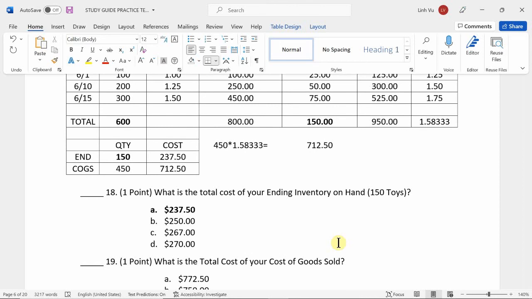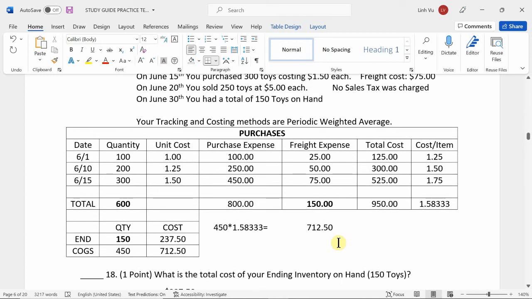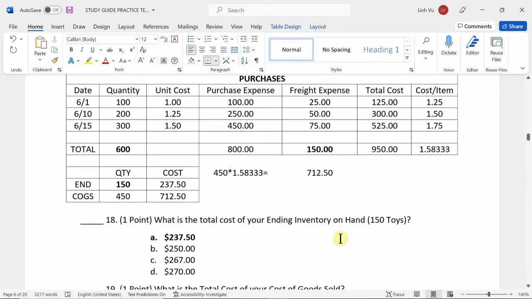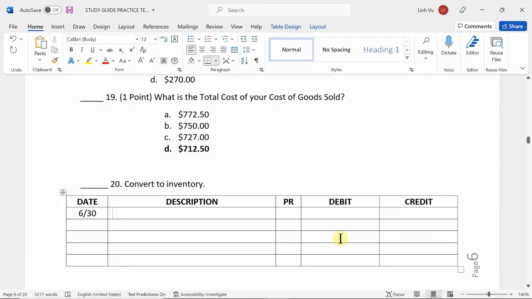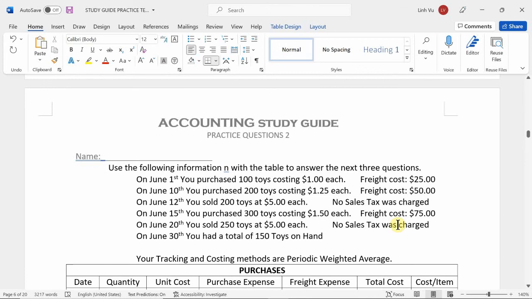How should my journal look if I'm going to be doing this exact conversion right here? What's the inventory? In this case, they're toys.